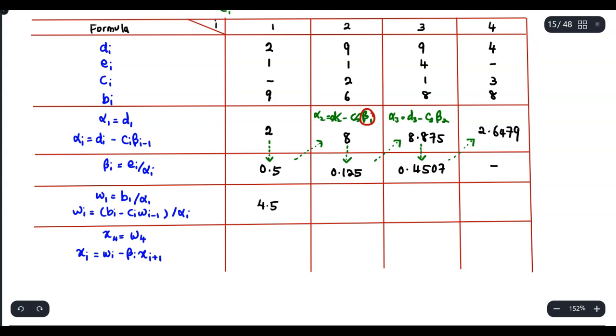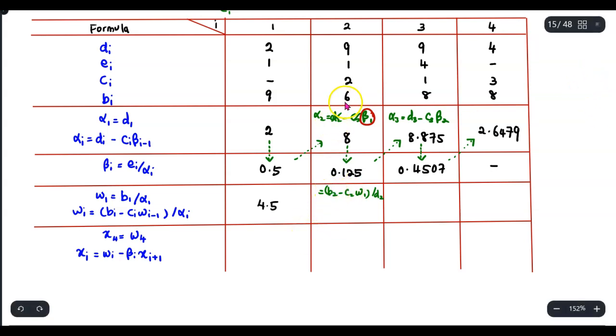Okay, and now W2, W3, and W4 should follow this formula. So if I can write, W2 here is equal to B2 minus C2 W1 over alpha 2. All of them are known values, so no problem.